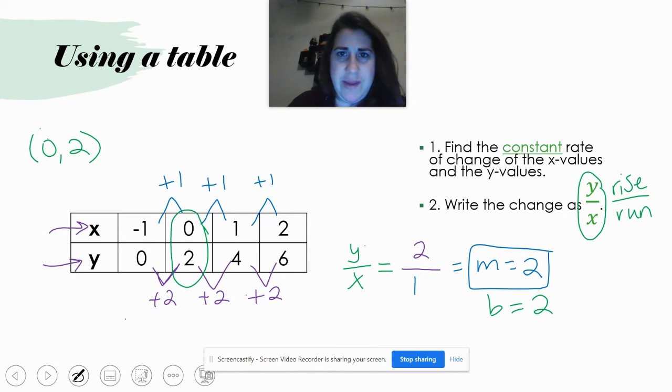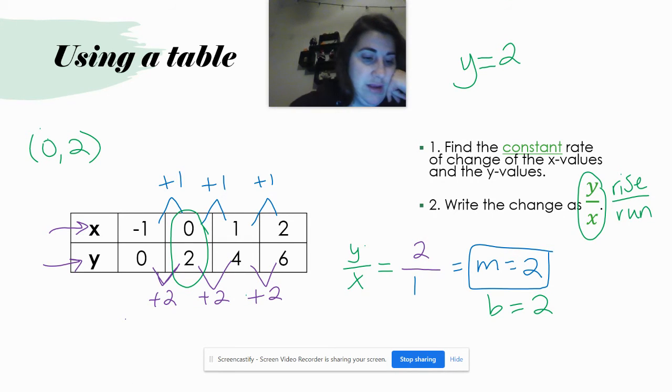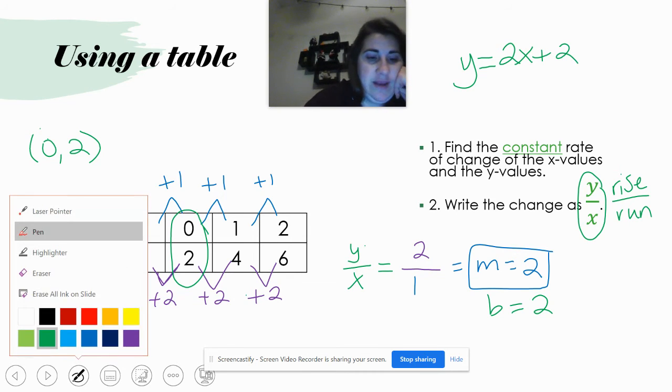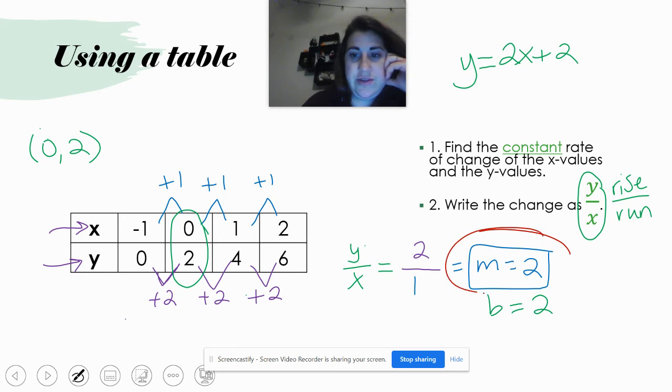You don't have to find the b when you're looking at a table. I'm just looking for slope, but in case you wanted to write your equation, now we have y equals 2x plus 2. Okay? Now, all I'm looking for when you're talking about a table is, can you find your slope? So let's do some more examples.